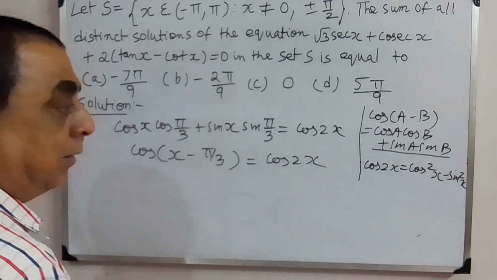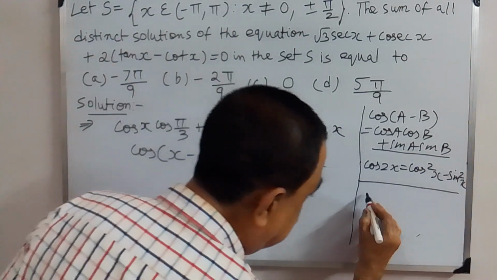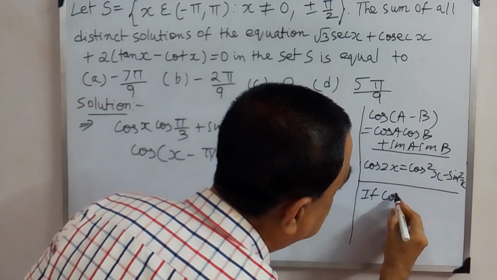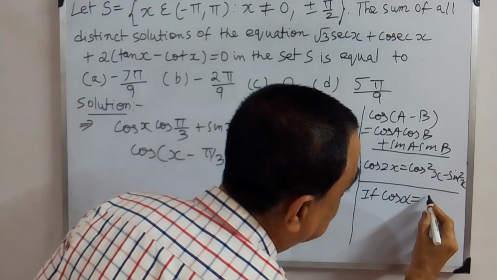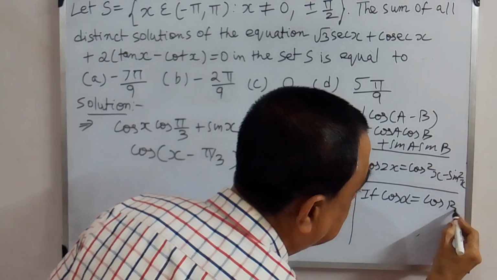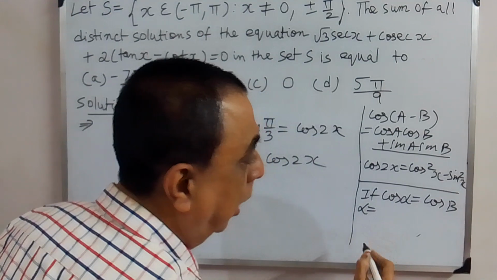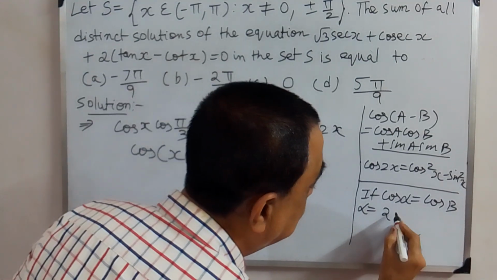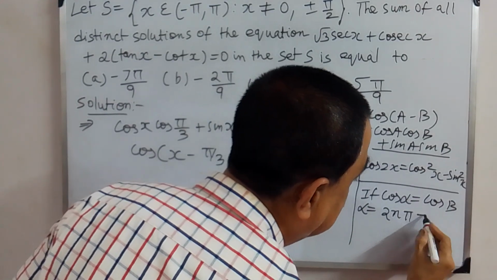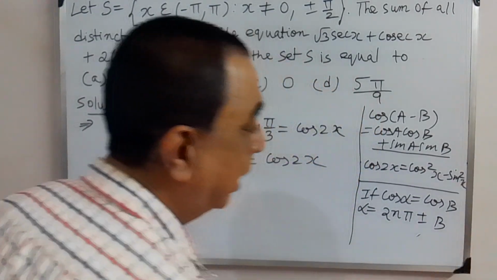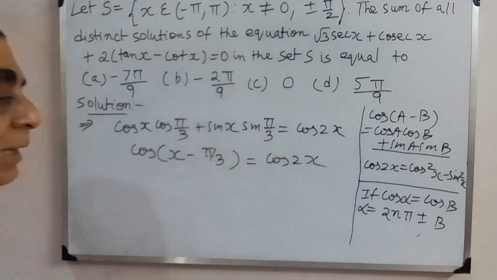Now see here. For trigonometrical equations, you know that if cos alpha is equal to cos beta, then for the general solution, alpha will be equal to 2 n pi plus minus beta.